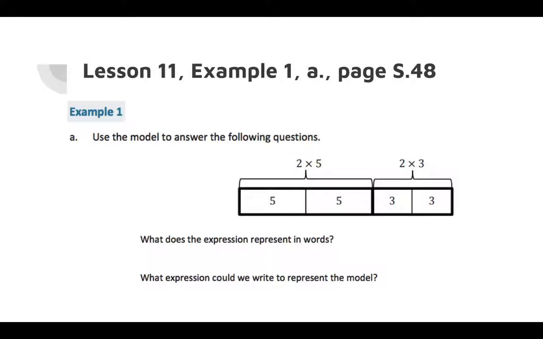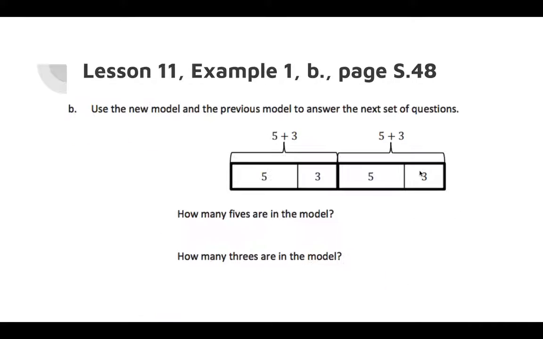It means the sum of two groups of 5 and two groups of 3s, because in order to find how much this bar is worth, you are going to have to multiply these two plus multiply the product of these two. So what expression could we write to represent the model? 2 times 5 plus 2 times 3.